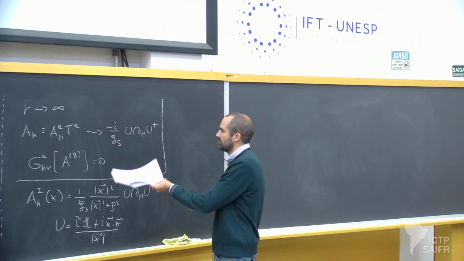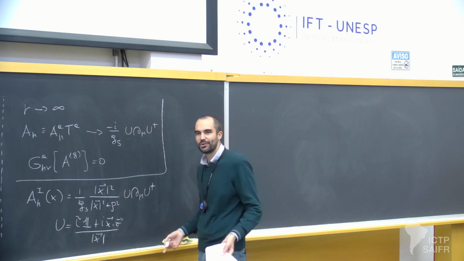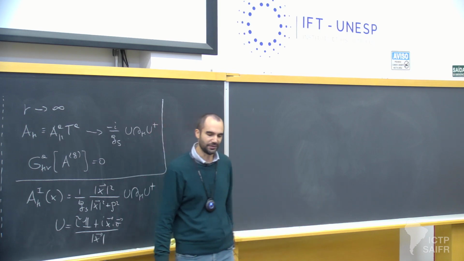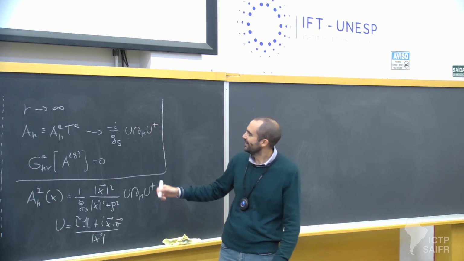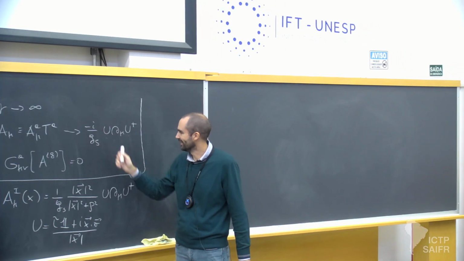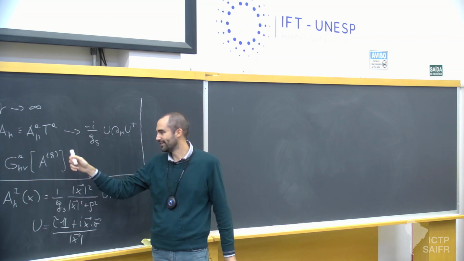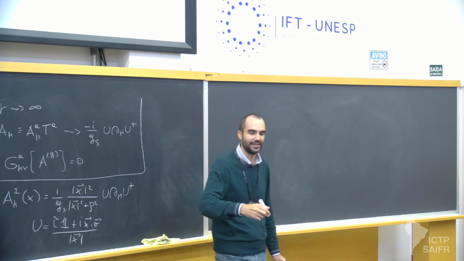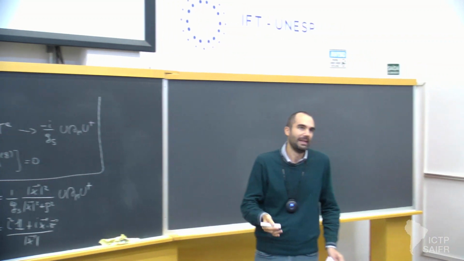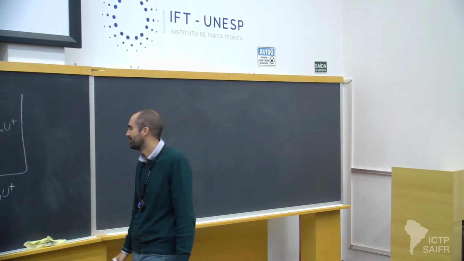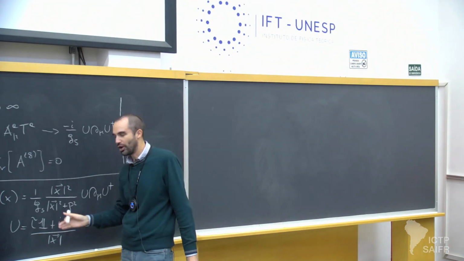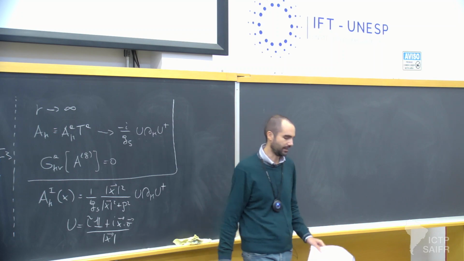But for now, we just found a random solution of the equations of motion. Sure, it has this tantalizing property that at infinity it's minimizing the energy, since the energy is positive definite, and it's giving you something that at infinity is 0. But this is not quite enough yet to conclude that this object is relevant to the ground state of the theory.